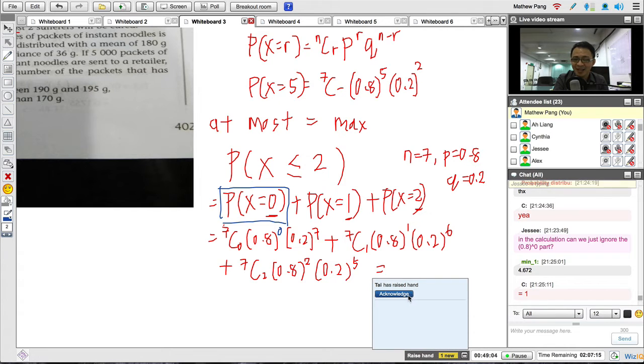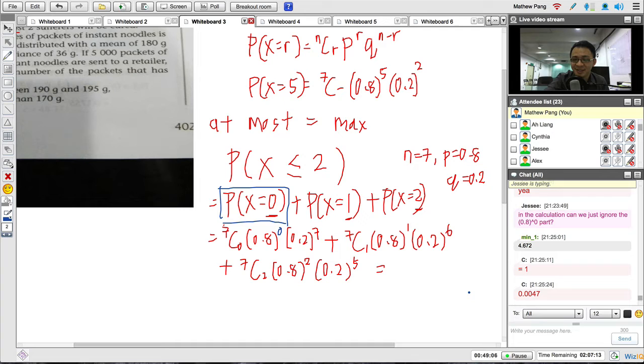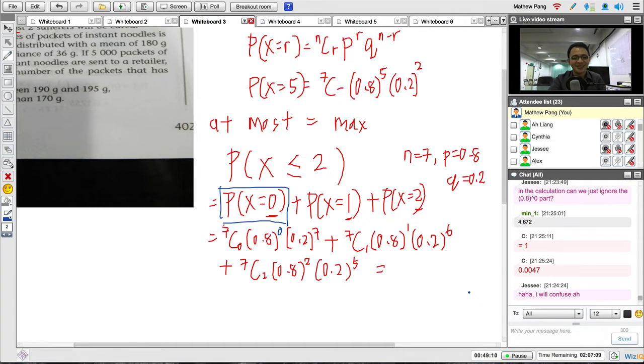Any question for Ty? I see Ty raised a hand. I'm confused, because most of the time with power of 0, we will just ignore them, because this is multiplication. But you cannot have the concept that whatever power of 0 I ignore, because if suddenly this is plus or minus, then the answer will be totally different.